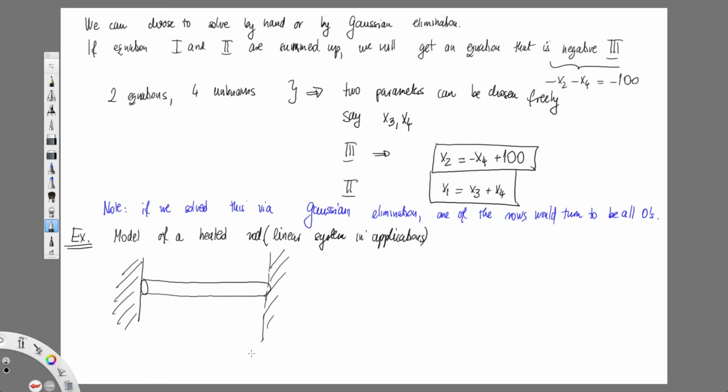So this wall is kept at temperature T0, which is 40 degrees Celsius. And this one is kept at temperature 200 degrees, and I'm going to call it T5, and it's going to be obvious why in a second.